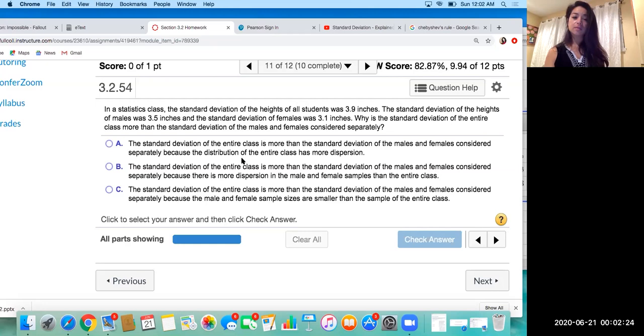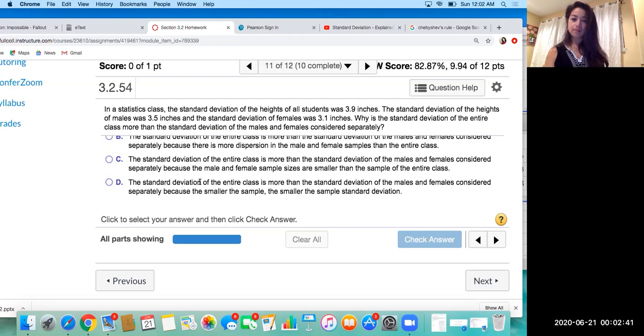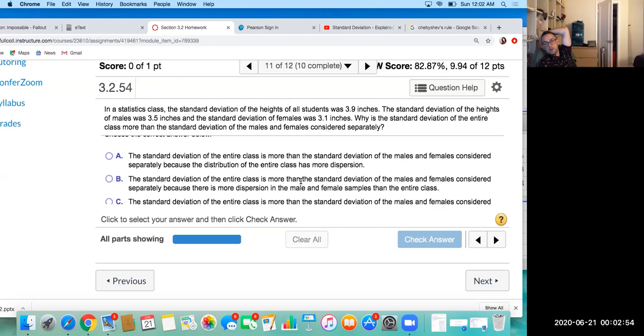Because the distribution of the entire class has more dispersion. Also, considered separately, because more dispersion. A sounds right to me. All right, try it.